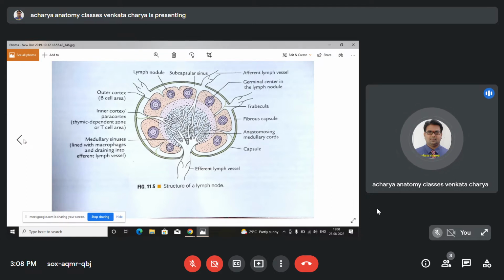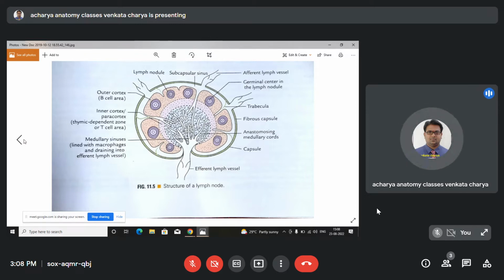After tissue processing, you get the slide. When we look at that slide under a microscope, we get the lymphatic structure. In the exam, if asked to draw the lymph node histology diagram, you draw this.